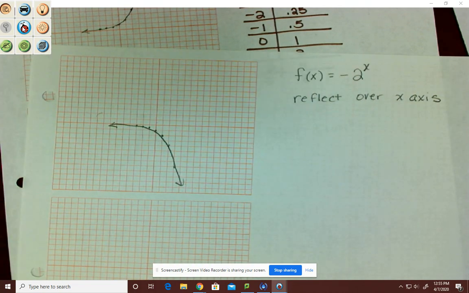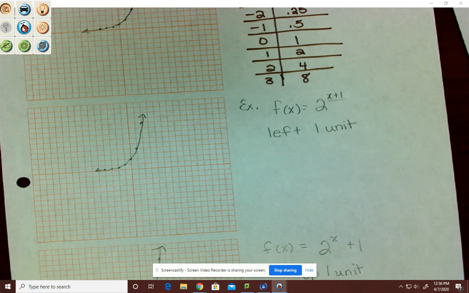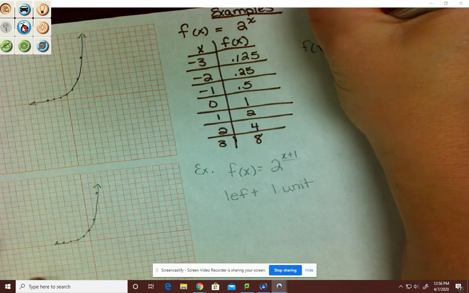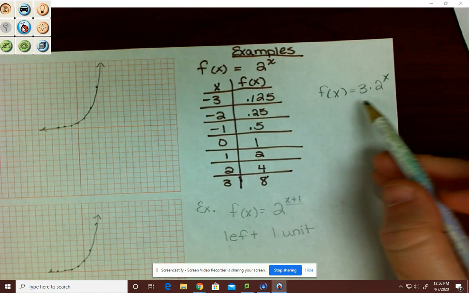I'm not going to actually make you plot any of those that make it steeper or less steep, but I do want you to be able to recognize it on like a multiple choice question, how that would make it steeper or less steep. So if I were taking this function and doing like that, that should make that steeper.